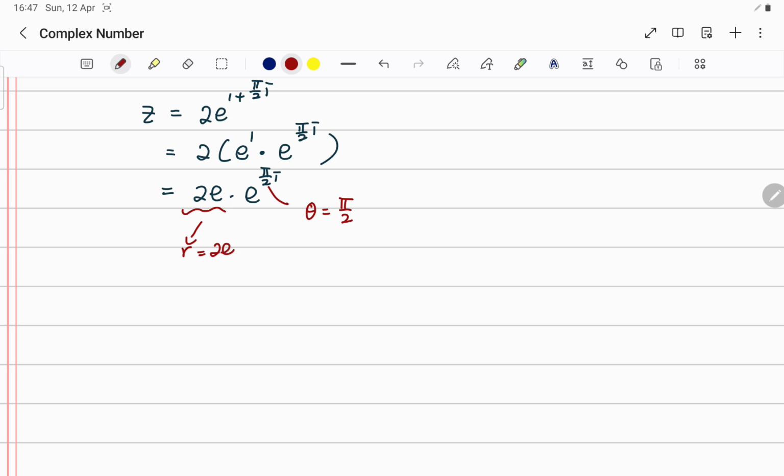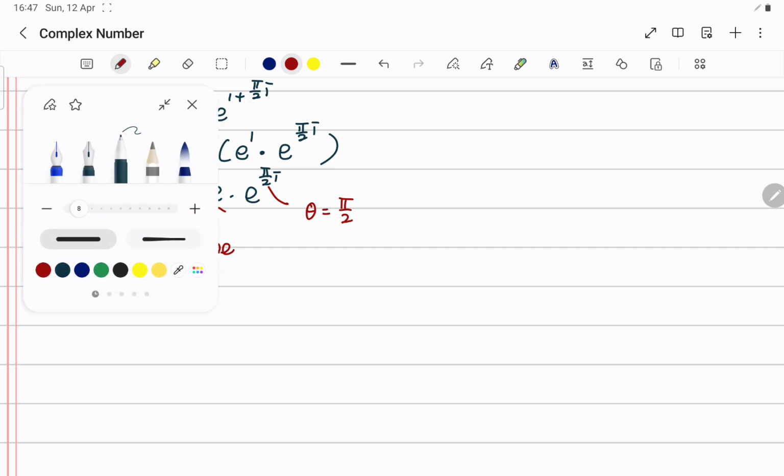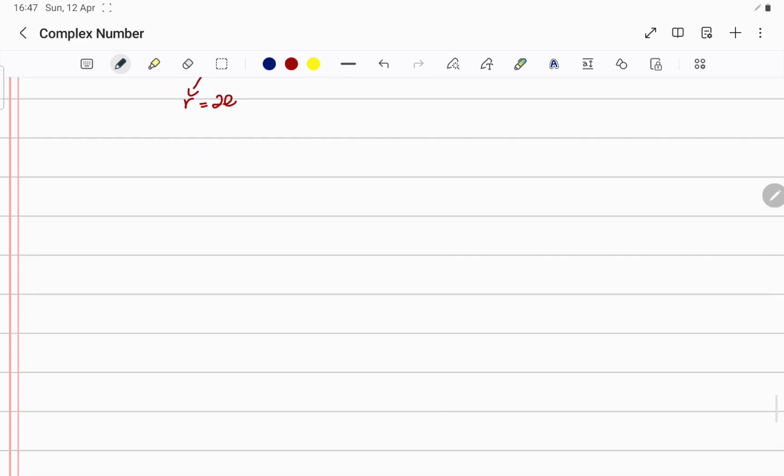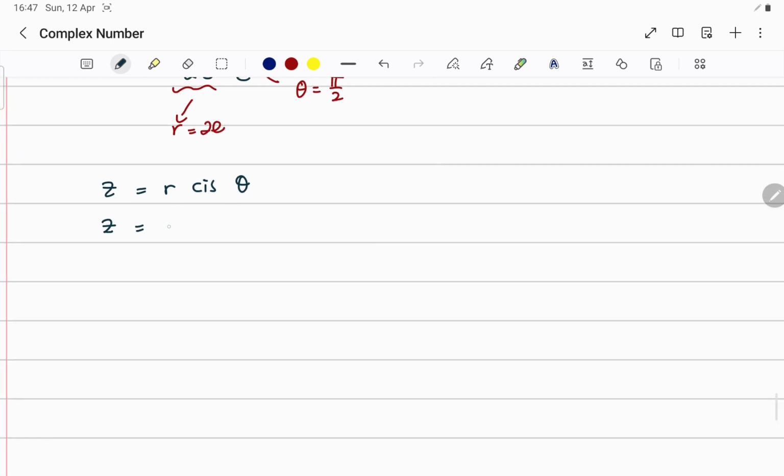Now from this you can change it into the polar form, which is z equal to r cis theta. So your r is equal to 2e, and theta is pi over 2.